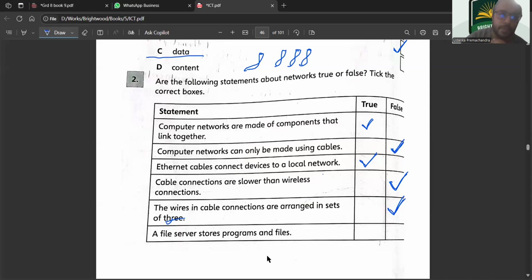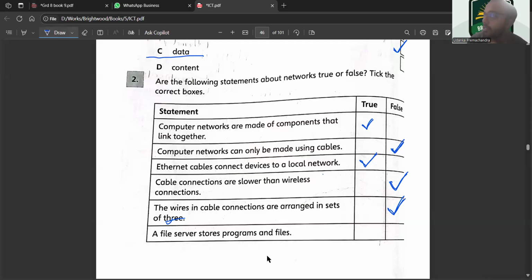Yes. And next thing, there are several servers. We wrote it. Do you remember? File server, program server, network server, anything. So a file server stores programs and files. What can you say? In a file server, yes, files are saved in the file server.